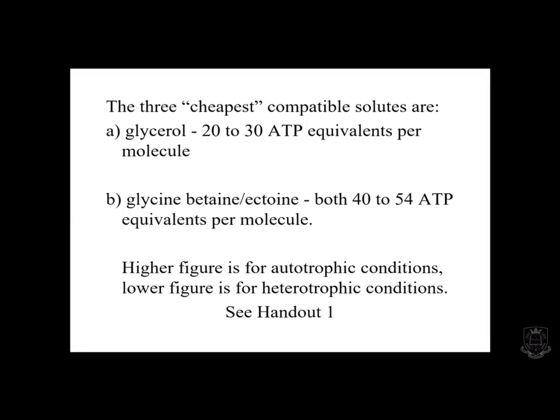And then if you go to glucosylglycerol, the one that's common in cyanobacteria, it's significantly higher, and sucrose and trehalose are much higher. So that little figure explains why glycerol would be the best compatible solute if you could retain it within the cells, but for cells that can't retain glycerol, then ectoine and glycine betaine are the next best compatible solutes because of the ATP equivalence.